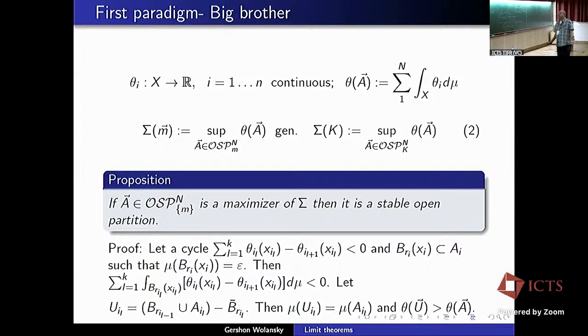So this is just the definition, analogous to the definition that we had before of the stable matching in the sharing case, where we maximize the reward of all possible matchings.